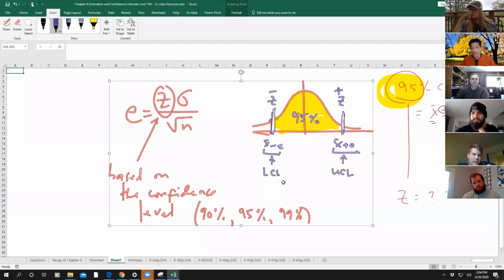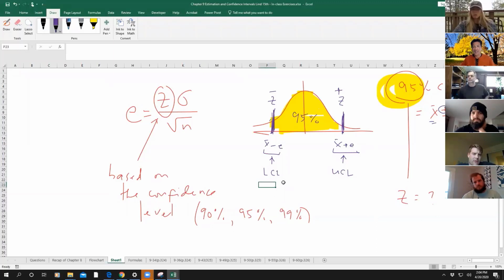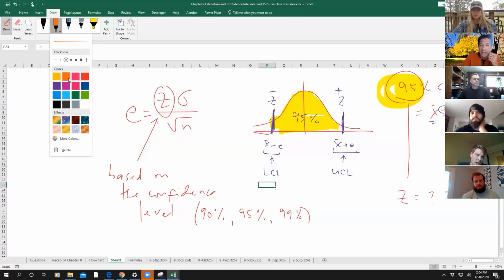Could you divide 95% in half? You could use inverse norm after you had how much you needed on each side of the mean. Okay, I think so, you could do it that way. Are you dividing 95% by 2? Yeah, that's correct. If you divide 95% by 2, that will give you an area of what? 0.475?